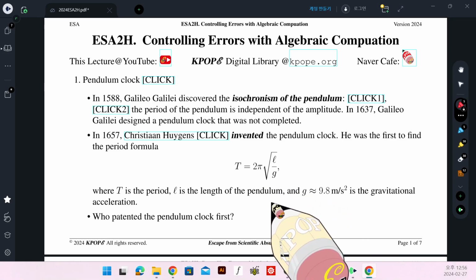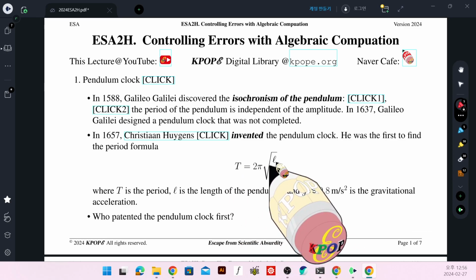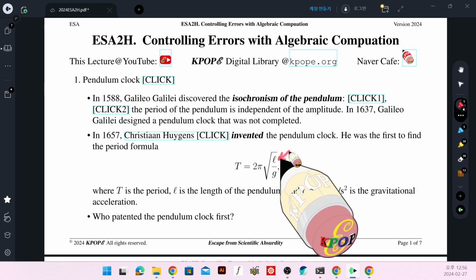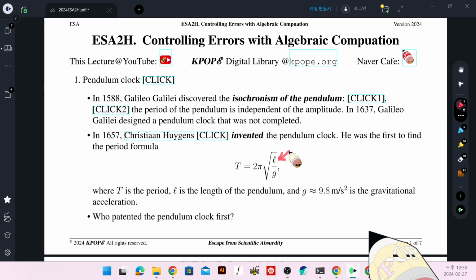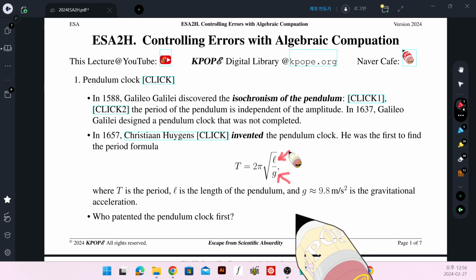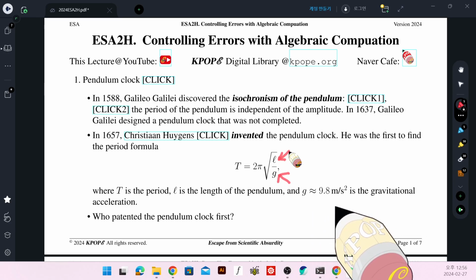Instead, why don't we make use of this to determine the period when the length L of the pendulum varies from an initial value. Here, g is the acceleration. What kind of acceleration? Gravitational acceleration. Most of you might know the gravitational acceleration is 9.8 meters per second squared.